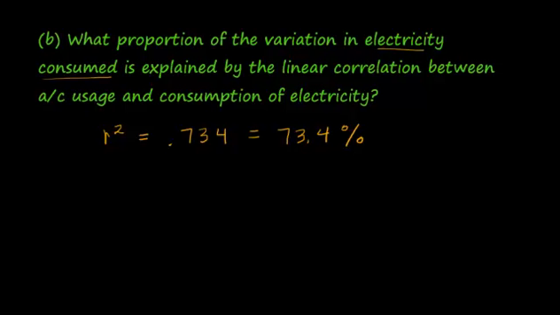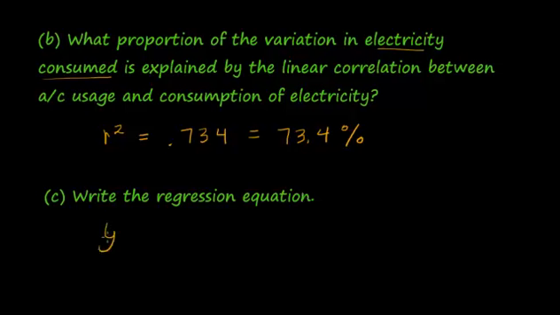Now getting into the regression part, let's write the regression equation. Recall it's y hat, and then on the calculator we said we're going to have a plus bx. So we'll look at the calculator and see how to fill this in.